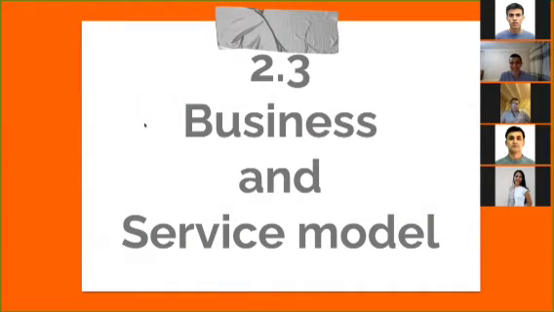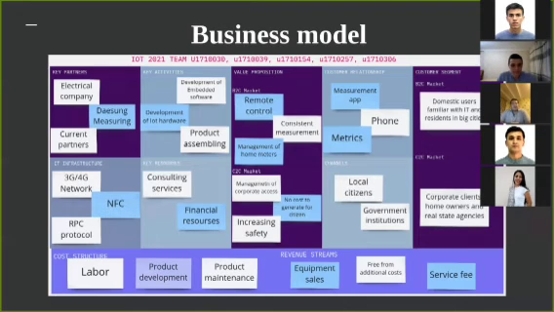It's me again, Oyatullah Sattarov, and now I will talk about the business and service model. First of all, we have the business model of our IoT service. To get devices from different companies, we first of all need partners. They are electrical companies measuring current, and our current partners.